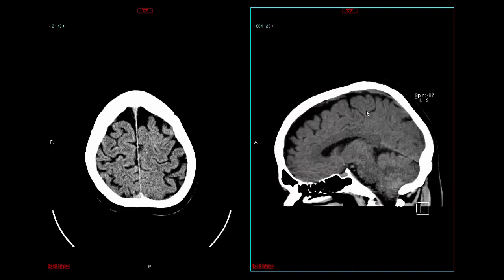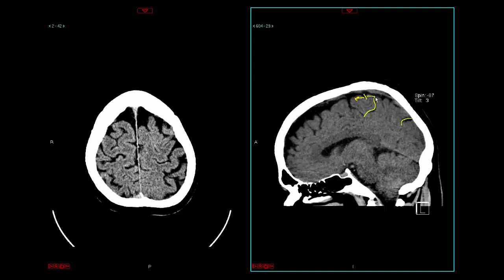That's helpful for that. While we're here, I do want to point out a couple of other features. This is the parieto-occipital sulcus here. And remember, if this is the marginal extension of your cingulate sulcus, and this is your central sulcus here, anterior to that is going to be your frontal lobe.